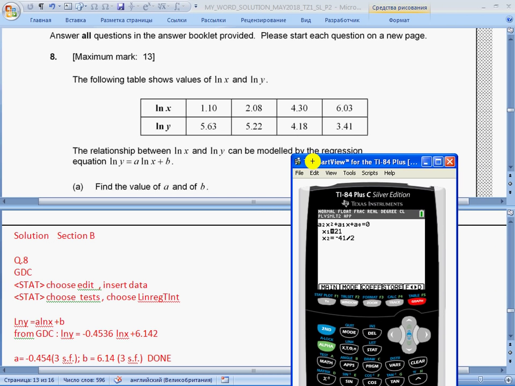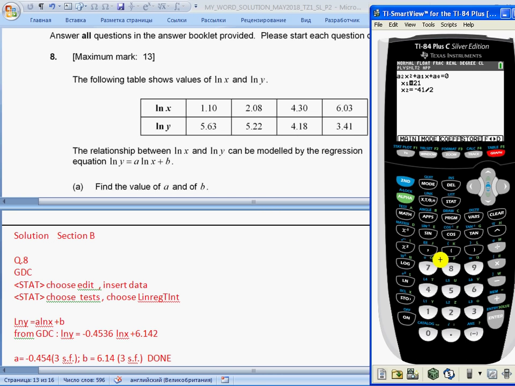So first we press start. Nothing works, so we press second mode, and now we can press start. Here we need edit, so 1. So we should insert these values, so 110, enter.